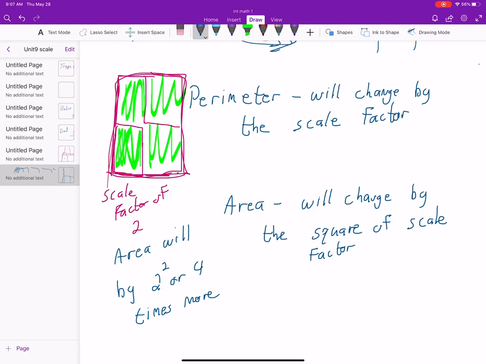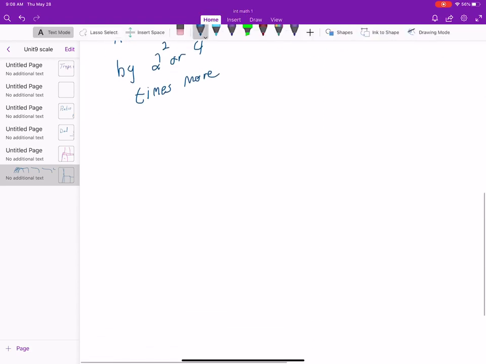If it's tripling, then that's going to be 9 times. It's going to be squared by that. And if you remember, area is always in square units, so it kind of makes sense that you're squaring it. And again, it comes down to the fact that we're expanding it in both directions.